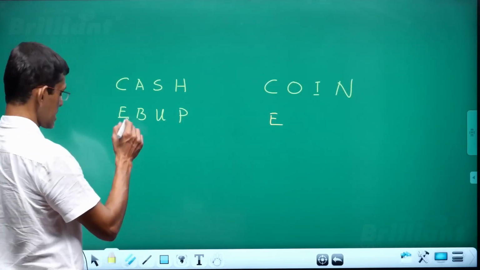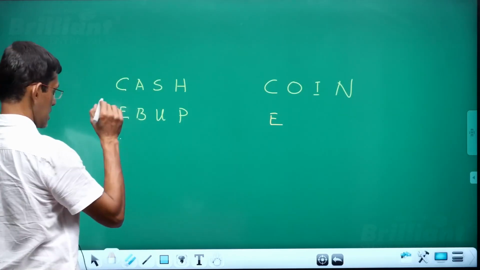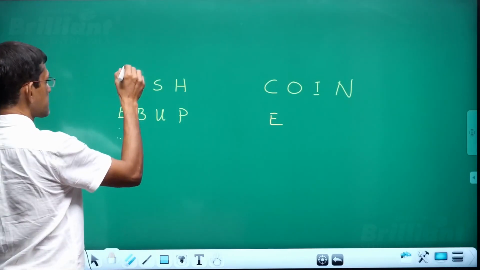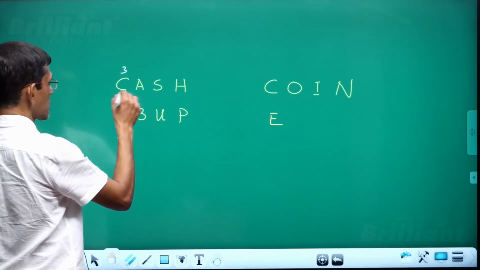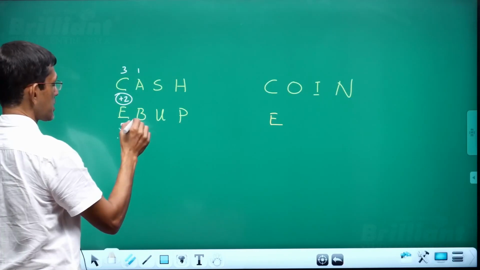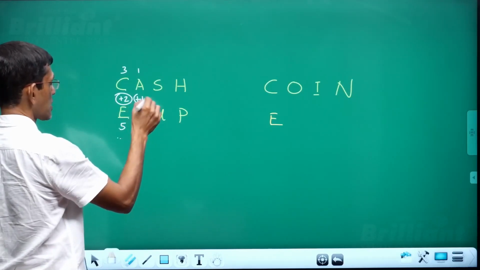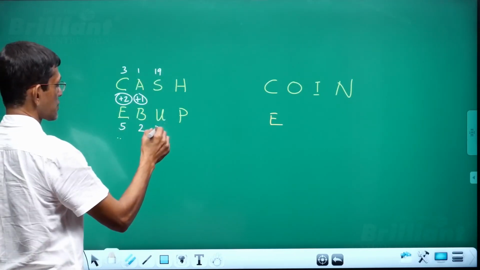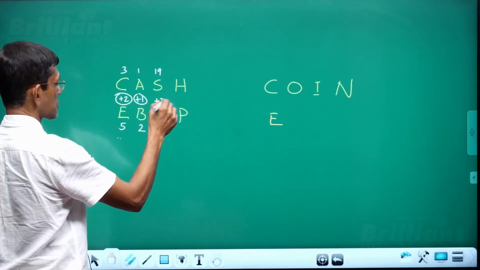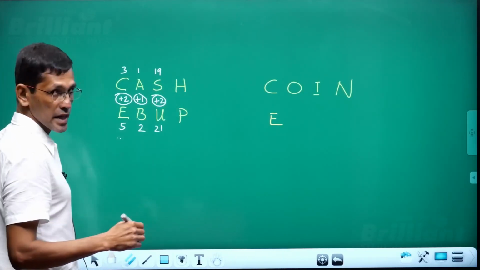First of all, the pattern we are looking for: C is coded as E. C is 3 and this is 5. So definitely it is plus 2. And A, B, so that is B is 2. So again it's plus 1. 1 plus 1 is 2. And S is what? 19. So this is 21. So that's plus 2. 19 plus 2 is 21. H is what? 8.